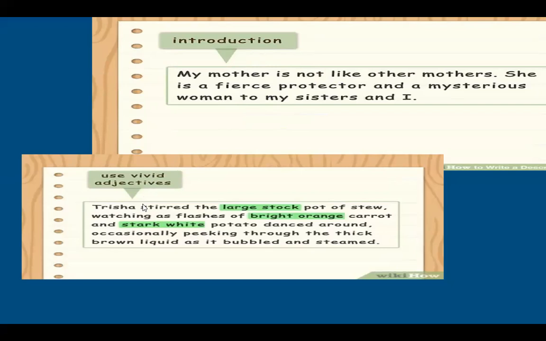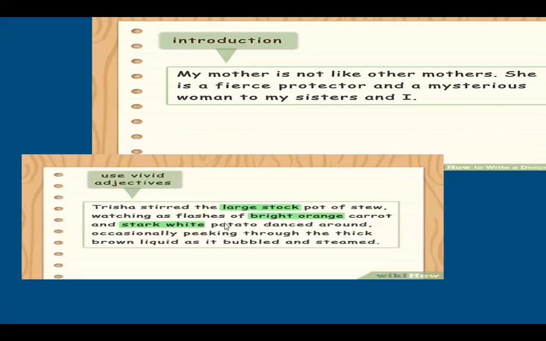Now, see the kind of adjectives used here. Trisha stirred the large stock pot of stew. Stew is a kind of dish, mutton stew, and watching as flashes of bright orange carrot. Now, the carrot has been referred to as if it's not a vegetable, it's like bright, glowing, and a stark white potato.